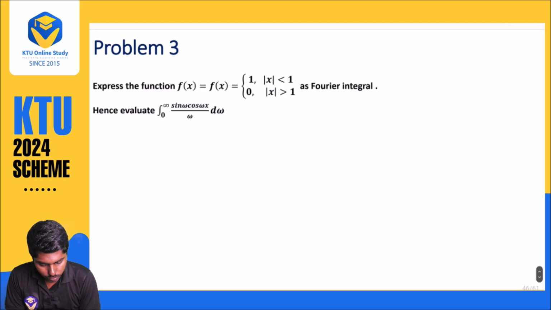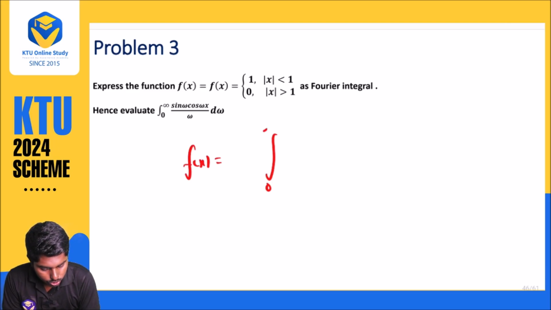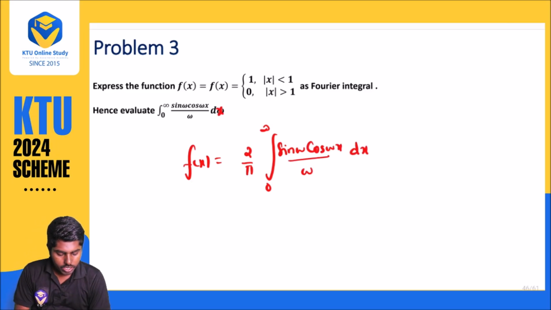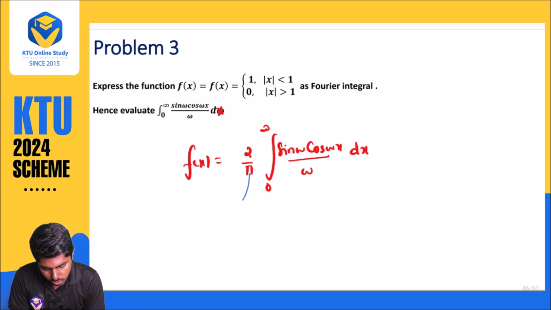So f of x is equal to 2 by pi times the integral from 0 to infinity of sin omega cos omega x divided by omega dx. Now you want to compare it. Taking this 2 by pi to the right-hand side, it will become 2 divided by pi.